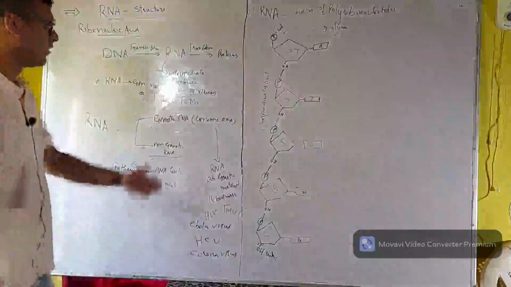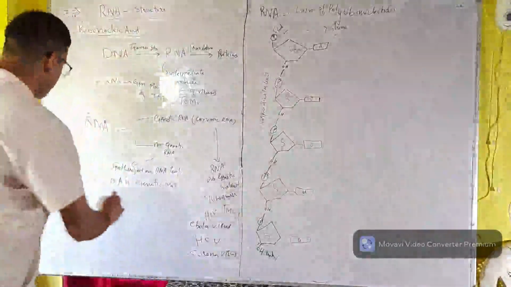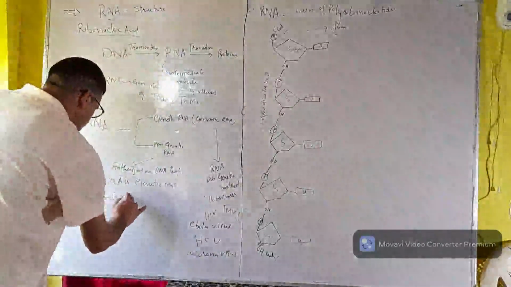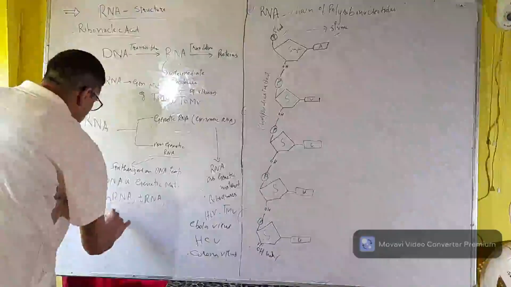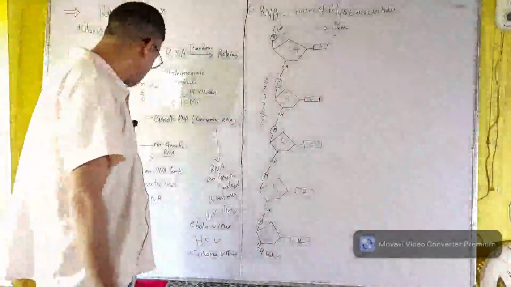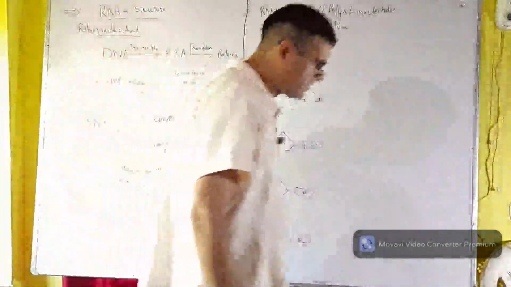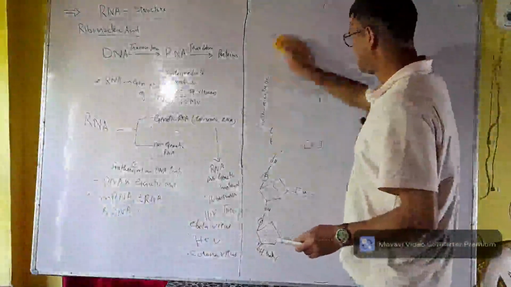For example, types of non-genetic RNA are mRNA, tRNA and ribosomal RNA. So this is what is meant by genetic RNA and non-genetic RNA.